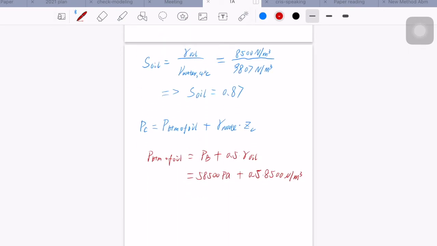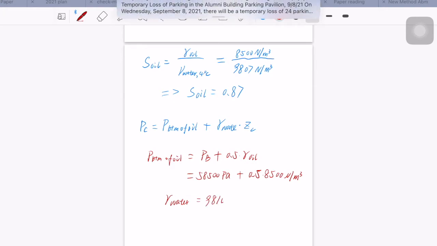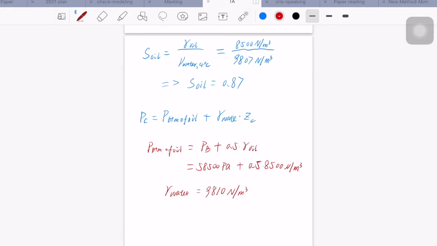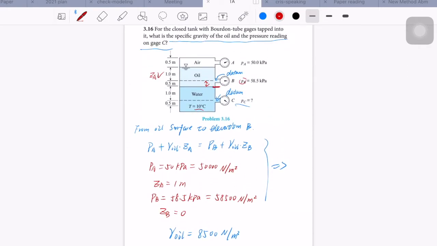So we can determine that the gamma water is 9,810 Newton per cubic meter. And the ZC should be equal to 1. This distance is ZC.